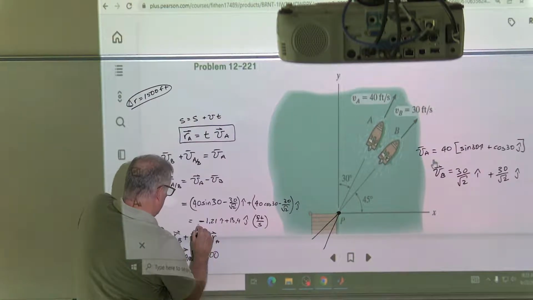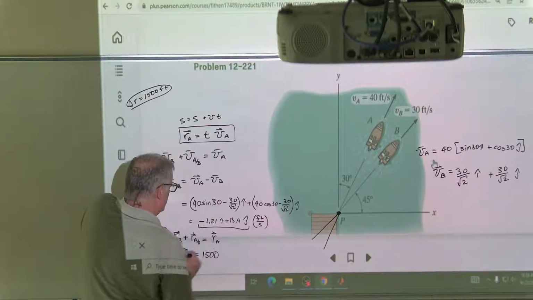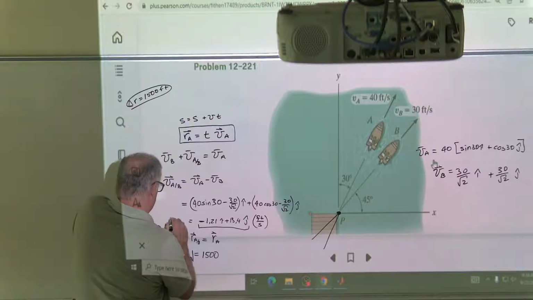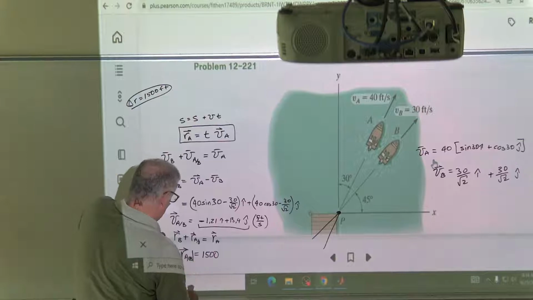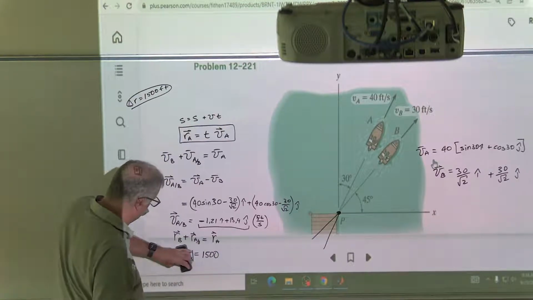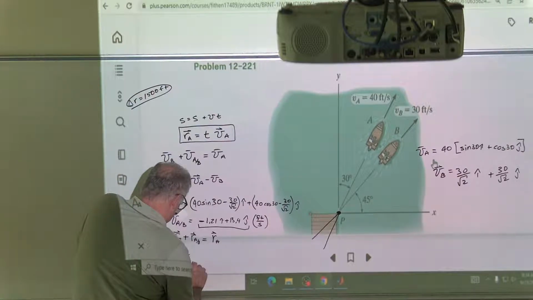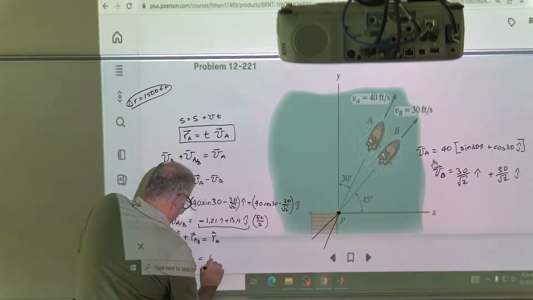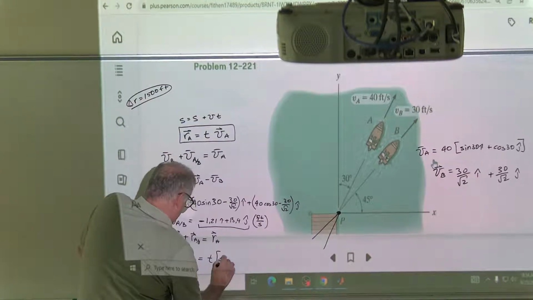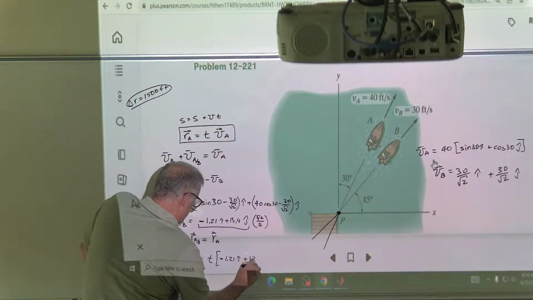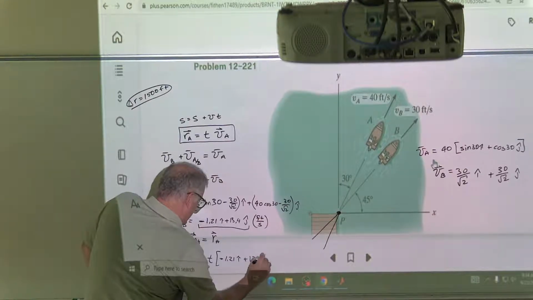So I want to find that vector's length. Since this is velocity A to B, I'll erase that and say R A to B equals so many seconds times 1.21 i plus 13.4 j.